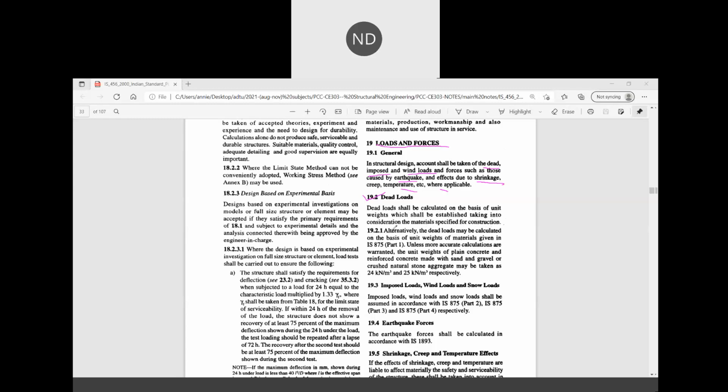So when you are designing a structural member, you want to find out how much dead load is going to come on that particular member. Suppose you are making a residential house of G plus 1.